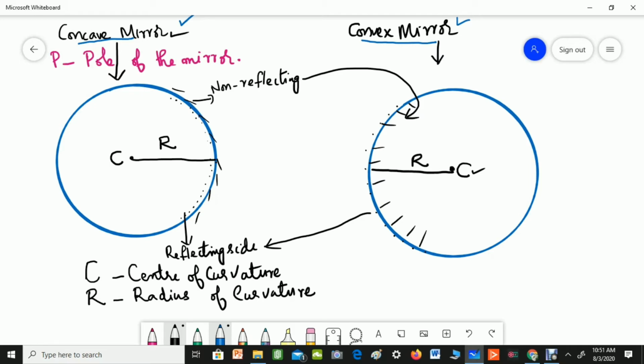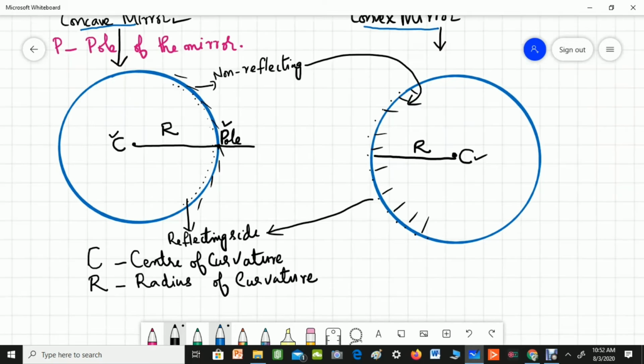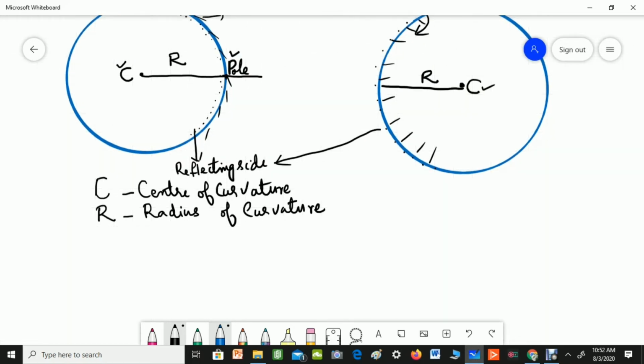Imagine a line passing through the center of curvature C and through the center of the reflecting part, that is the pole P. This imaginary line is called the principal axis.